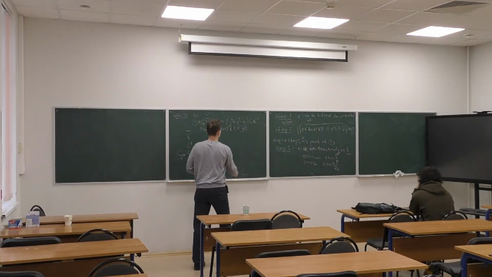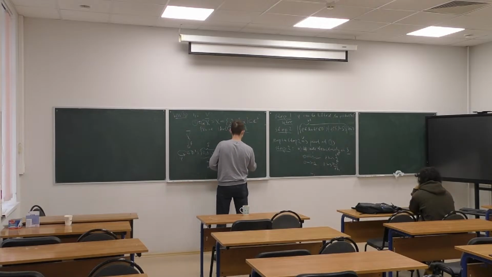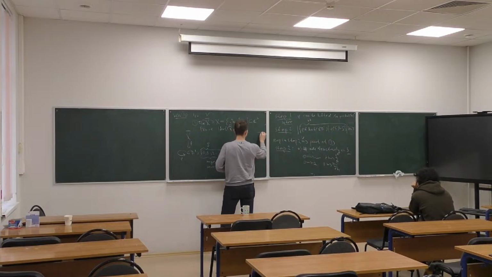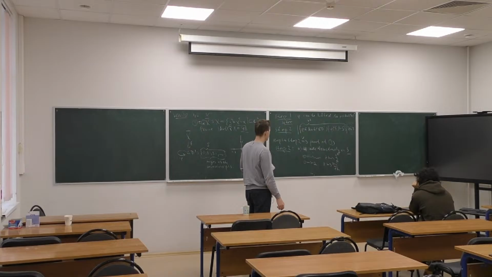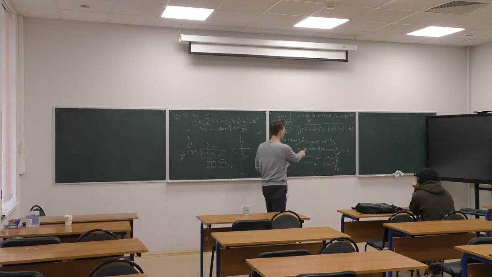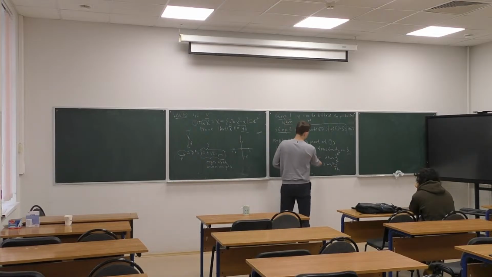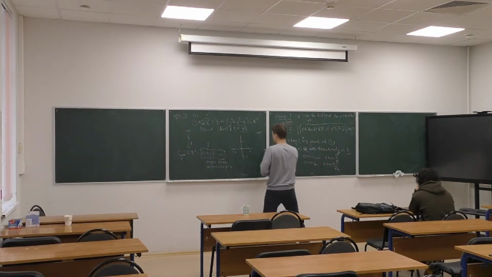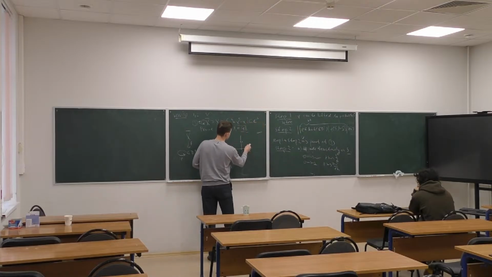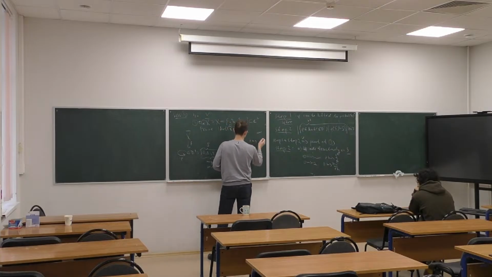I want to move 0 to all other points. So to minus 1, and then obviously you can move all these points just by z goes to iz.